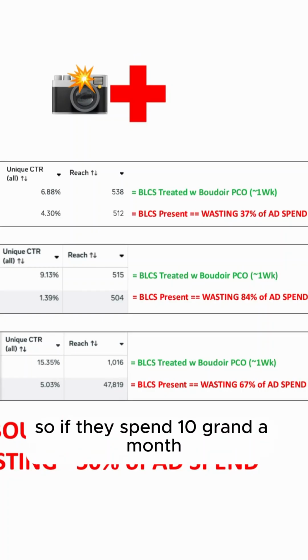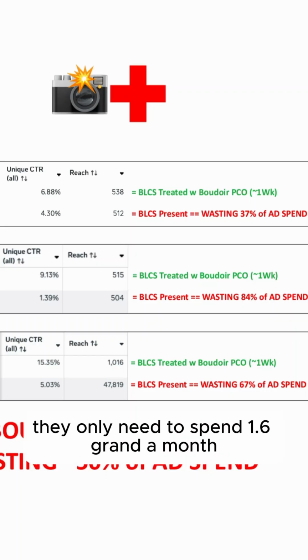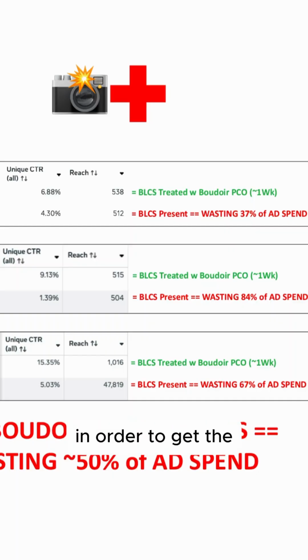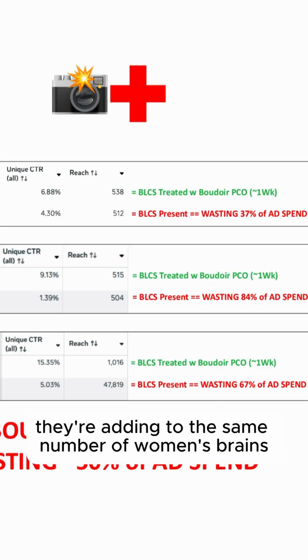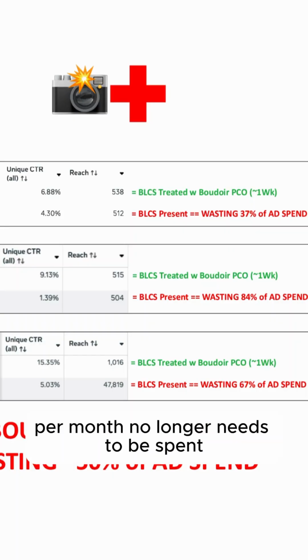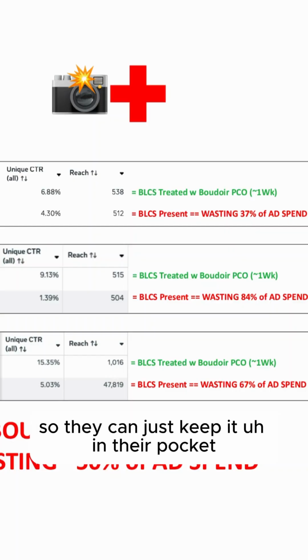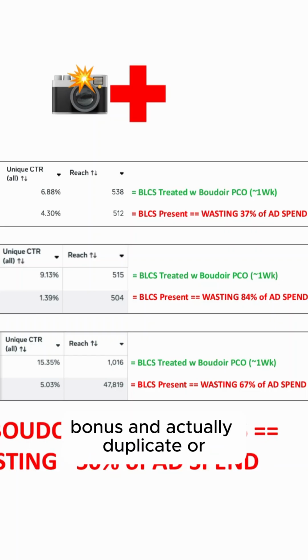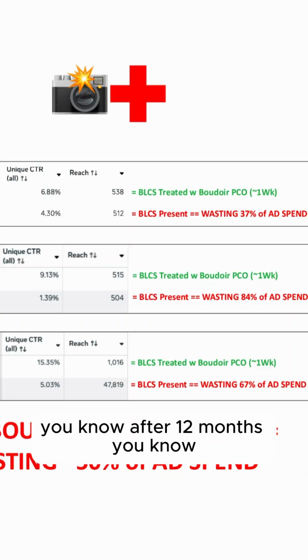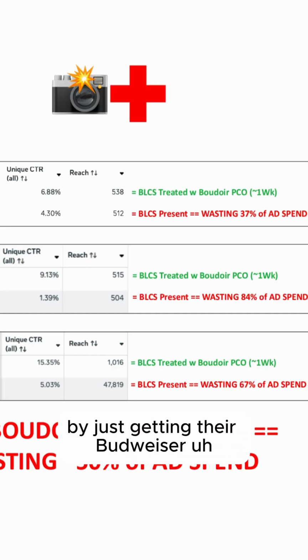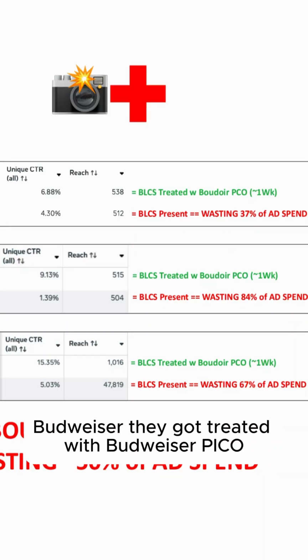If they're spending 10 grand a month on the original boudoir Facebook ad, now they only need to spend 1.6 grand a month on the boudoir PICO treated Facebook ad in order to get their ad into the same number of women's brains in both scenarios. So 8,400 bucks per month no longer needs to be spent. They can just keep it in their pocket as a phantom bonus. After 12 months, it's a 100K phantom bonus by just getting their boudoir Facebook ad treated with boudoir PICO.